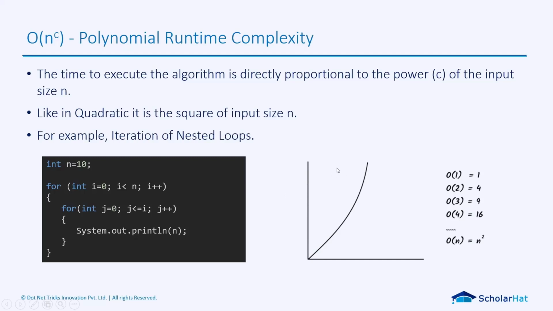So how is it happening? It is running till n times, and the inner one is also running more or less n times. If n is higher, then i is also going to get higher, right? So n into n, that is n square, is the complexity it will be giving. So we'll understand this when we go to the whiteboard. I'll write it down and I'll explain each and every example in more detail.